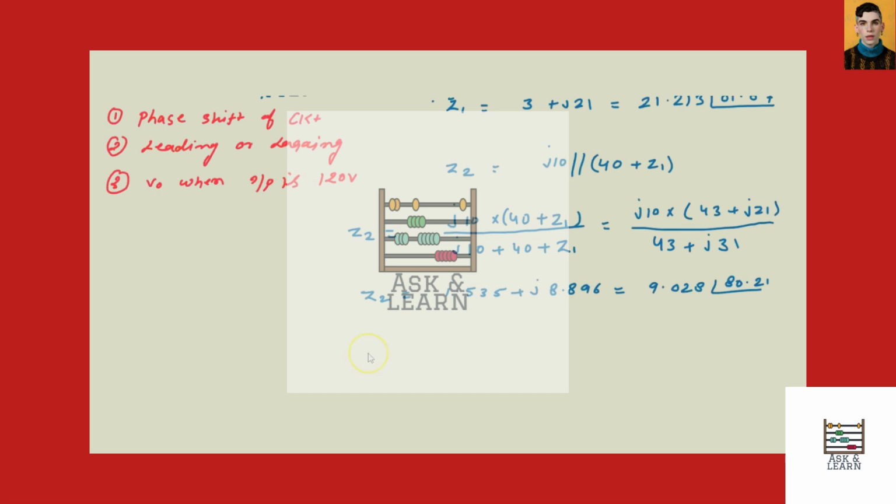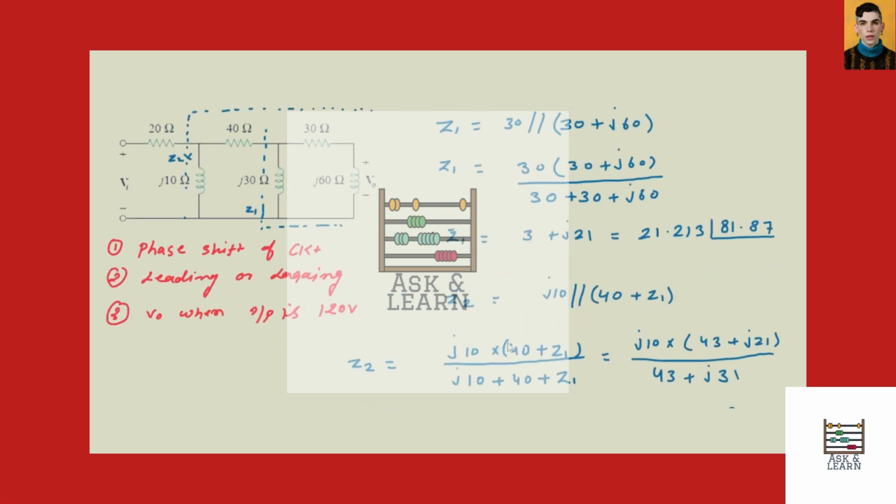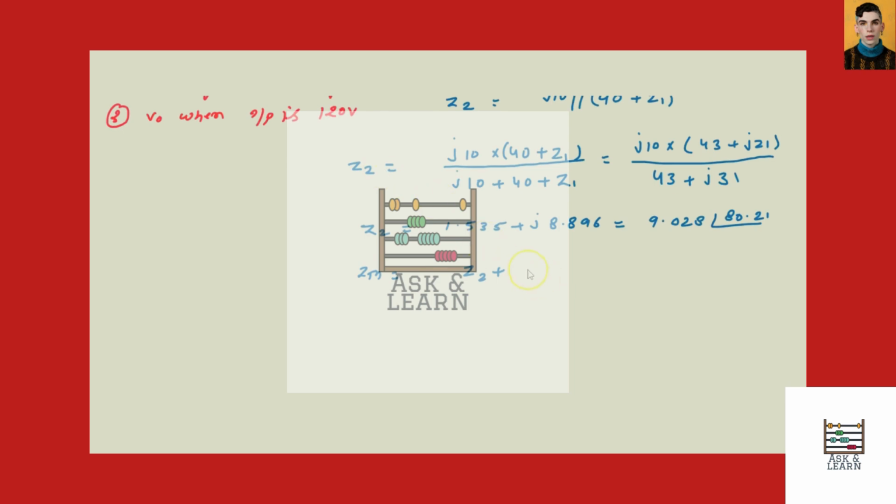So total ZTH equals Z2 plus 20 ohm. Now ZTH equals 1.535 plus 20, which is 21.535 plus j8.896. It is clear? So we have calculated the overall impedance of the circuit, right?